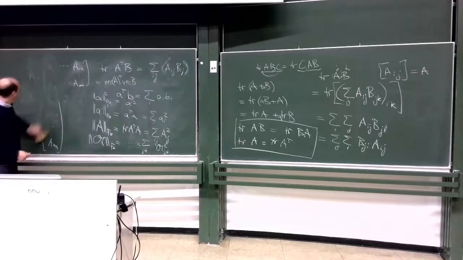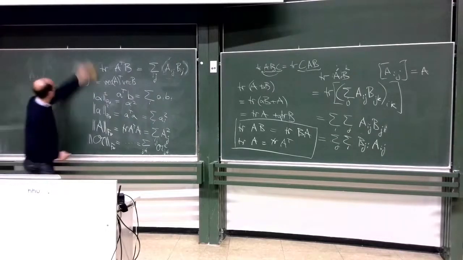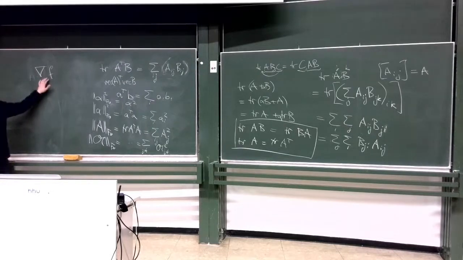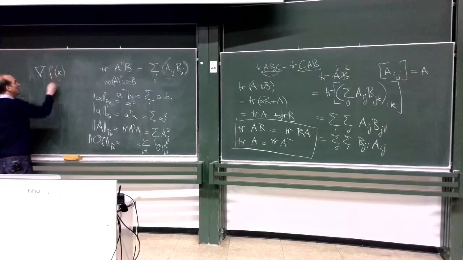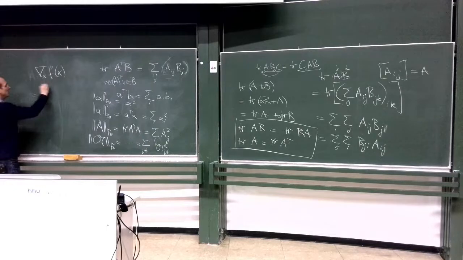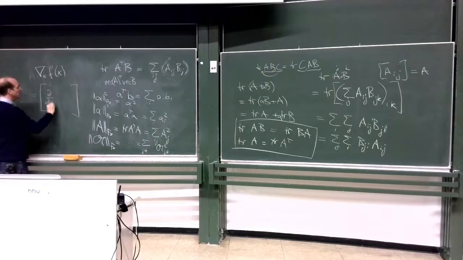So let's look at it for a second. Suppose there's this notation of the gradient, I'm not super sure. So you can have the gradient of a function, and let's say it's a vector valued function, so you use a small Latin letter for this, of a vector x. That is basically the matrix where I have the partial derivatives with respect to the xi.